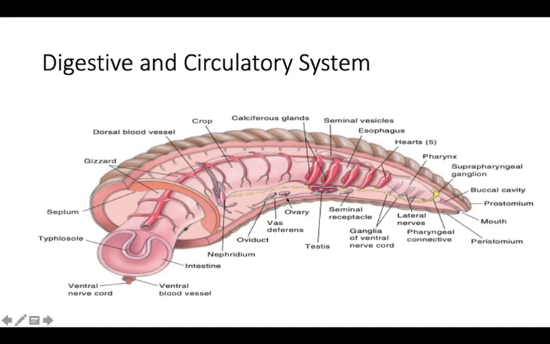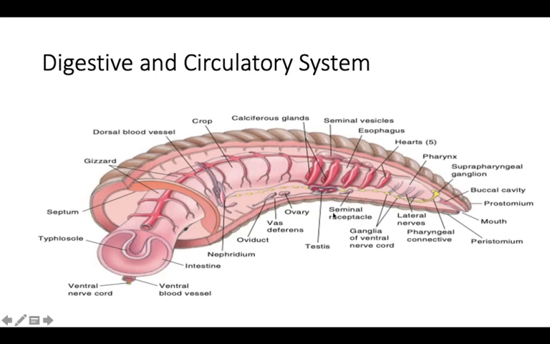The male part ejaculates a substance, and this is released into the other earthworm, and the receptive portion of the other earthworm is called the seminal receptacle. You have to remember that the seminal receptacle is the counterpart where the sperm is received by the counter earthworm.